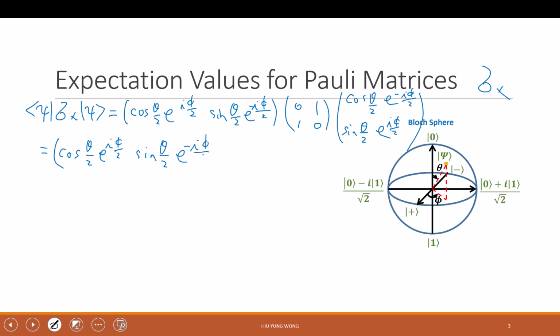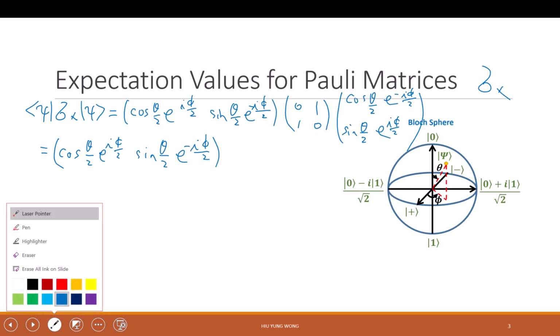What happens when we apply the matrix to the column vector? It's a NOT gate, right? You can think in this way, or just do the matrix multiplication. What does a NOT gate do? Switch the alpha and beta. Yeah. So same here: 0 times this plus 1 times this will be the top now, and 1 times this plus 0 times this, then this one will go to the bottom.